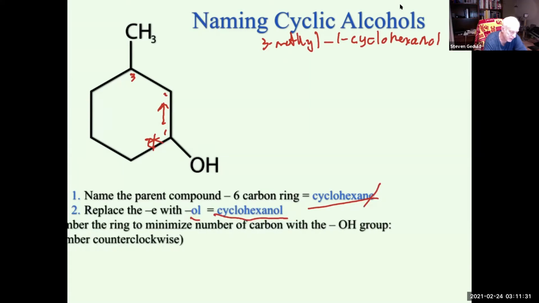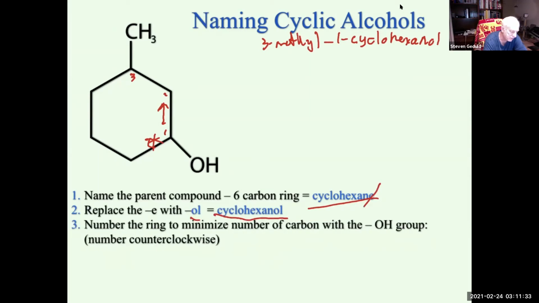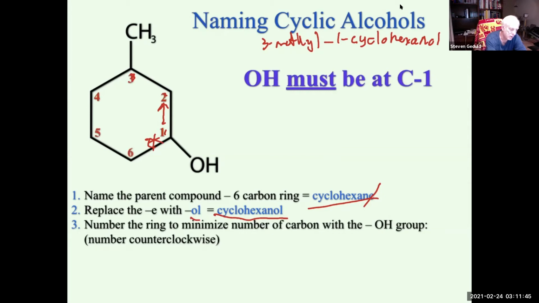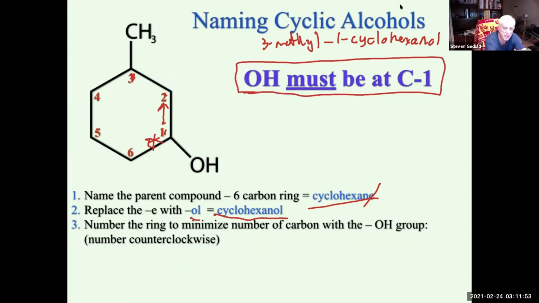Okay, we're at the number 1 position of cyclohexanol, and we're going to go counterclockwise to give the methyl group the lowest possible number. So the OH group must be at C1. Anytime you have a cyclical structure, the functional group has to be the number 1 carbon. That's the rule.